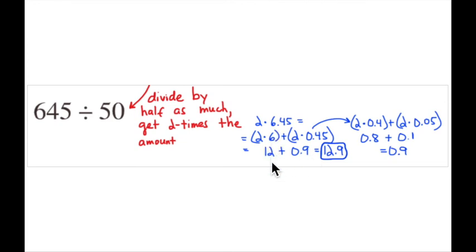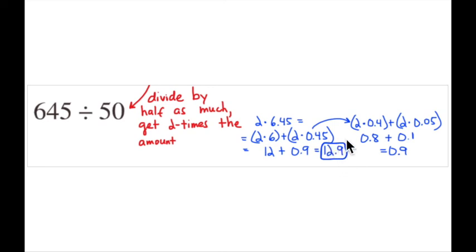2 times 6 is 12, and 2 times 45/100. You might know that 2 times 45 is 90, so 2 times 45/100 is going to be 90/100, which is the same as 9/10. Just lots of little teeny things going on all the time as you do this arithmetic. So this is 12 9/10.